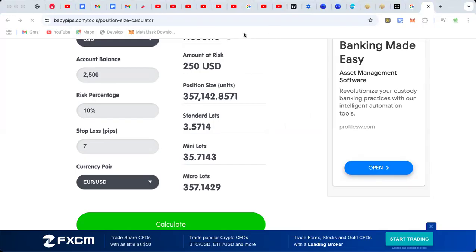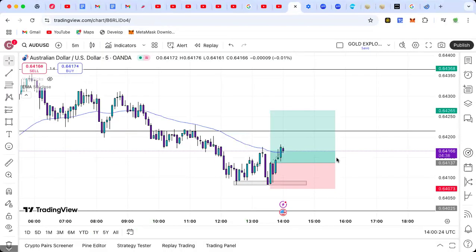That's about 0.7 lot size in 5 places. If you use that and you make 12 pips, even from here to here, from where you entered, let's look at it. Sorry. Let's check. Okay.